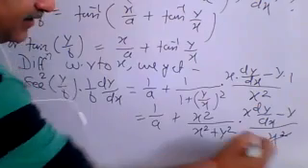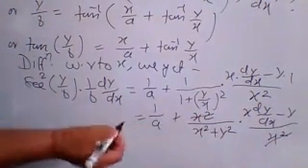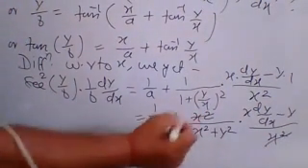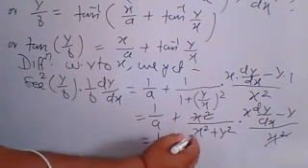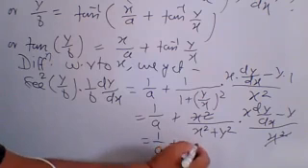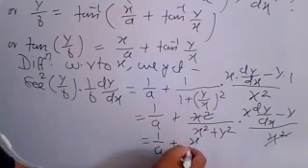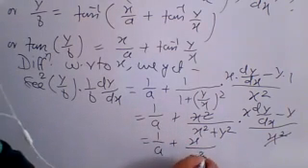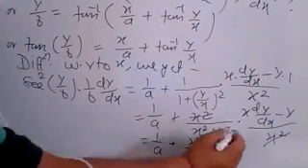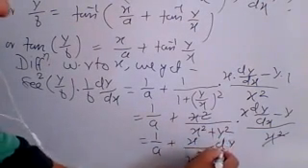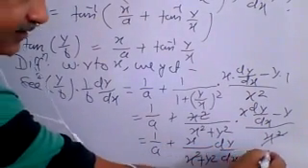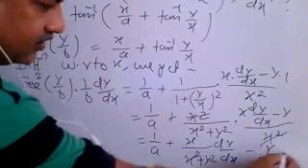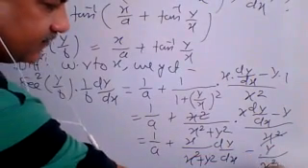Okay, so this x square and that x square cancel. Now you distribute it, so that can be written as 1 upon a plus x upon x square plus y square into dy by dx, and minus y upon x square plus y square.